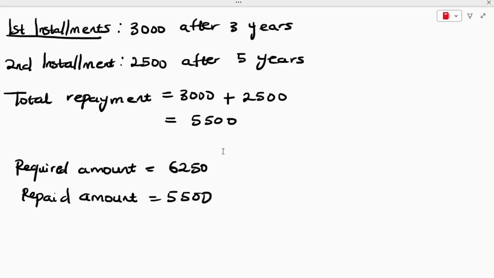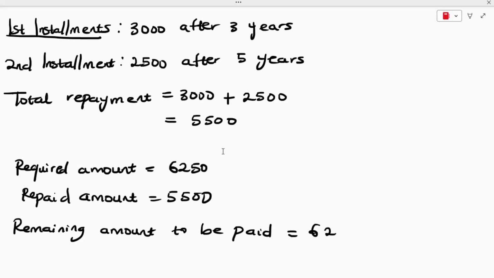So, in order for us to know if the repayment was sufficient, let's calculate the remaining amount left to be paid. The remaining amount to be paid is equal to 6,250 minus 5,500, which is going to give us $750. So this is the total amount to be paid after the first and second installments.